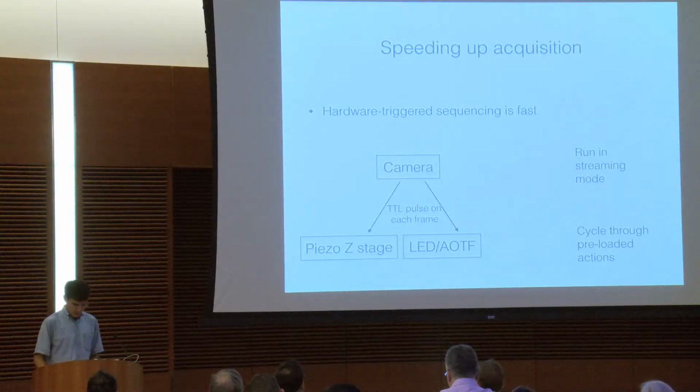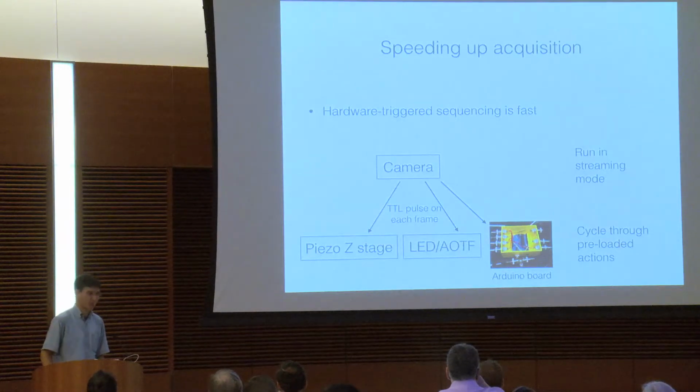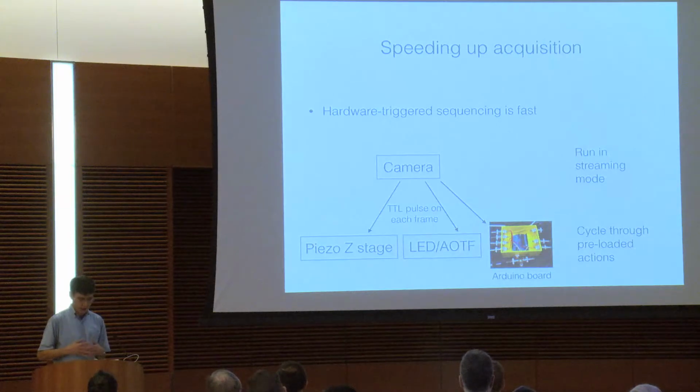And another way that this can be done is using an Arduino board. Arduino boards are $35 hobbyist microcontroller boards, but we actually have a µManager-specific firmware that you can load onto these boards. And you can use these to do the programming part of this hardware triggering, so that if you have an illumination device that can accept TTLs for different channels but doesn't have the programming capability, then you can use this.